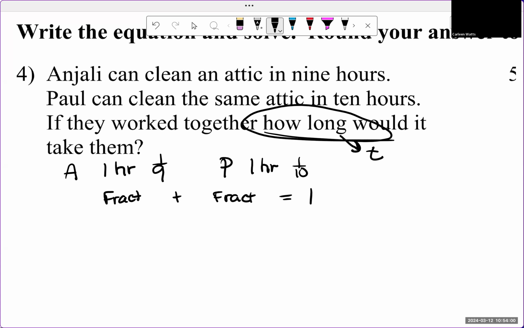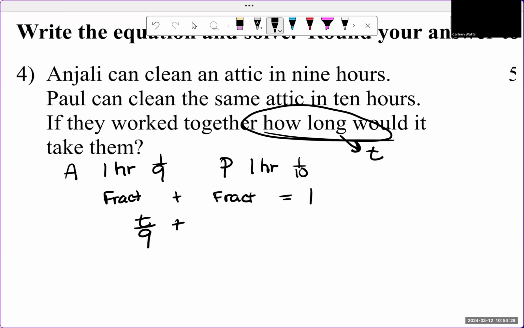We don't know how many hours. So we're going to take 1/9 times the number of hours. I'm going to write T over 9, because she finishes 1/9 every hour. We don't know how many hours, so it's T over 9.